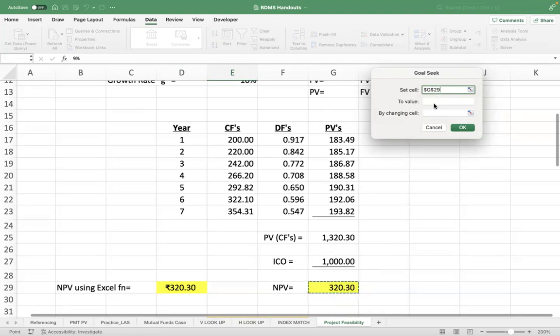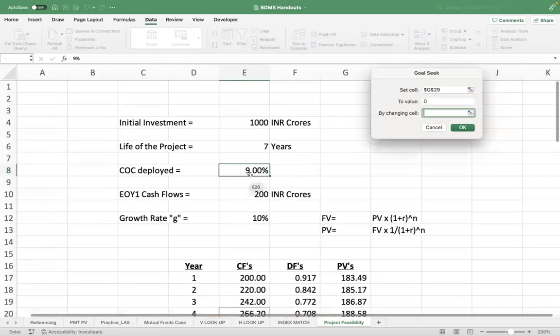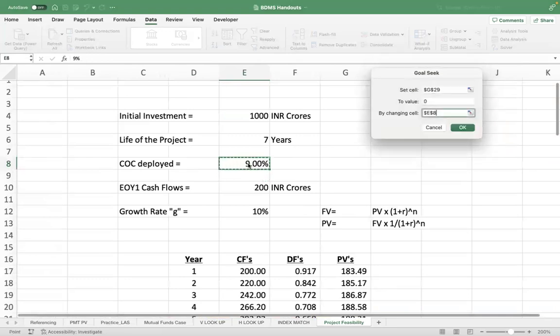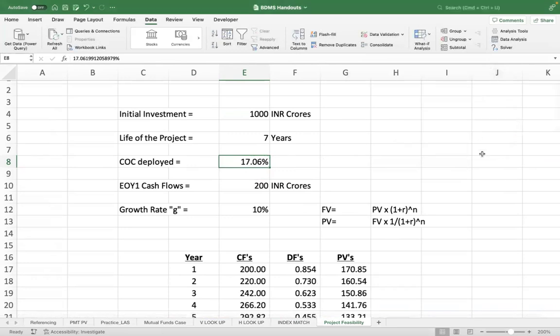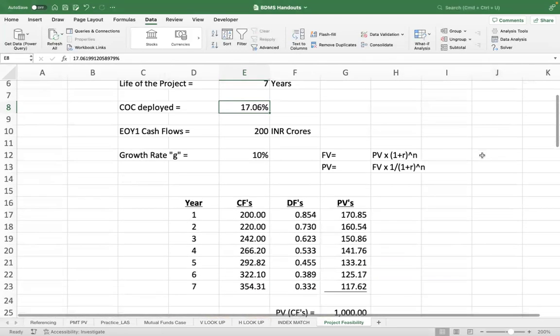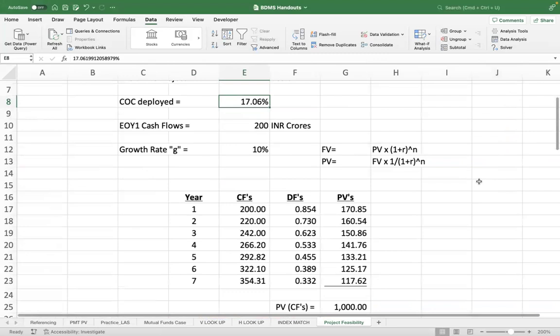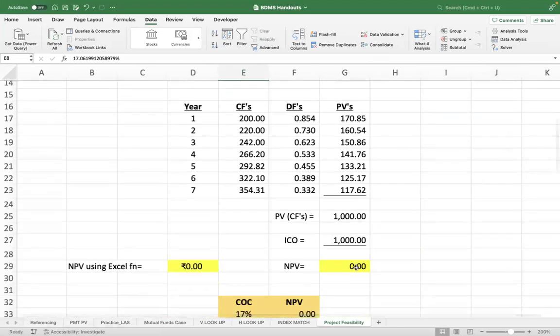Setting your NPV to what value? 0 value. By changing my cost of capital and press OK. Aha. 17.06%. And NPV has become 0. So this is another way in which you can get your IRR, which is by using your goal seek functionality.